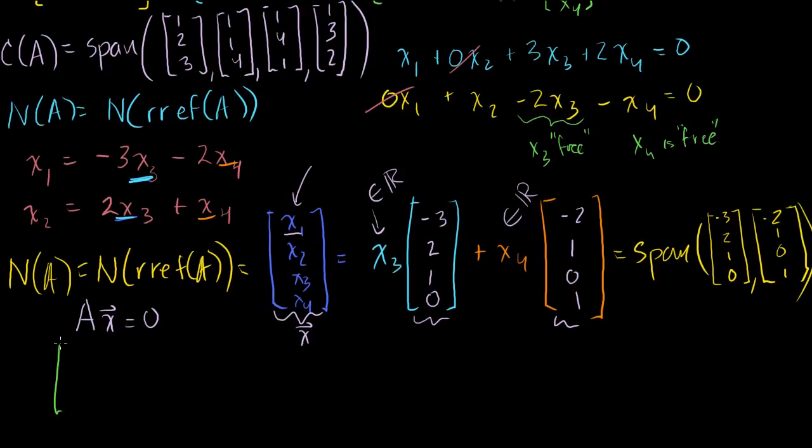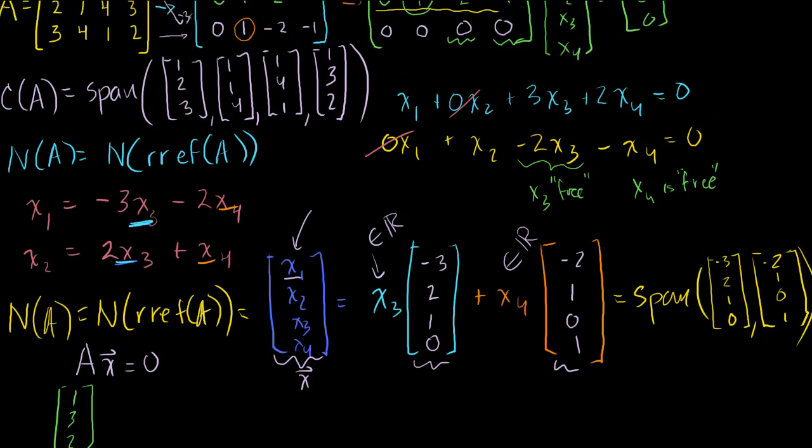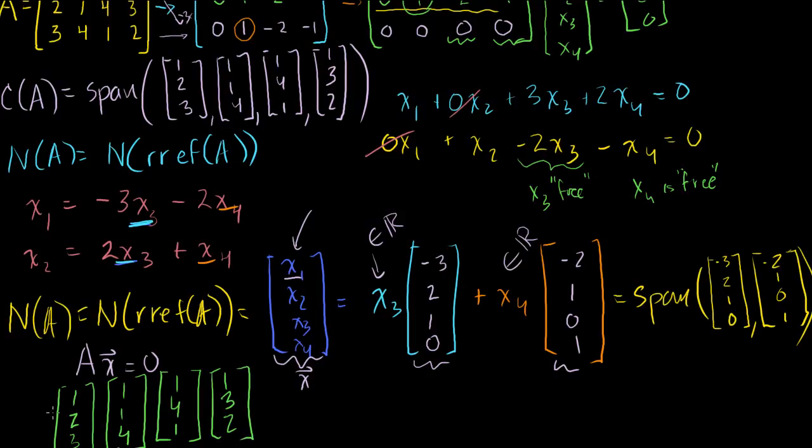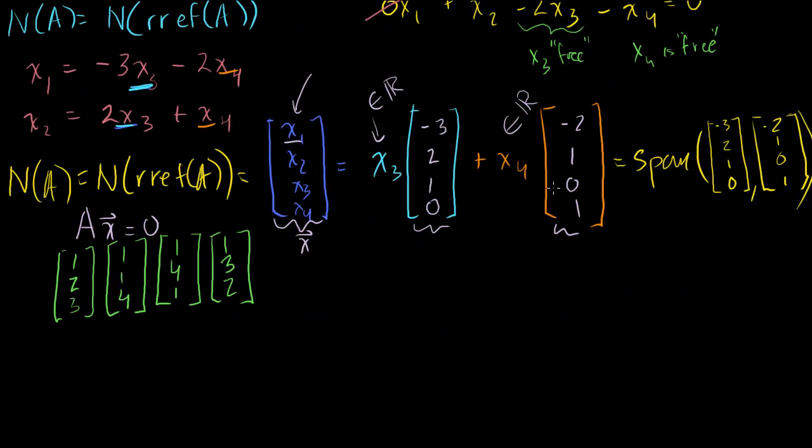Let's see, 1, 1, 3, 2. I don't remember them. It's 1, 2, 3. 1, 2, 3, 1, 1, 4, 1, 4, 1, and 1, 3, 2. So this is just the column vectors of A. I could just write A as just this much of columns. But my question is, is this a linearly independent set?